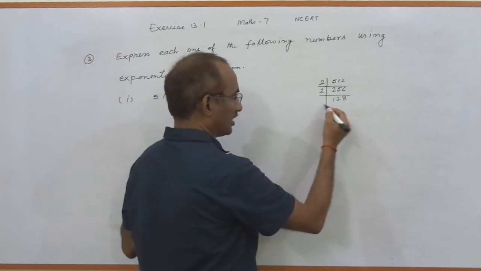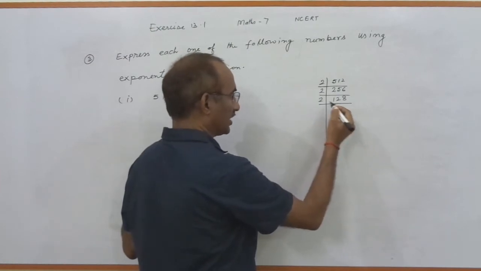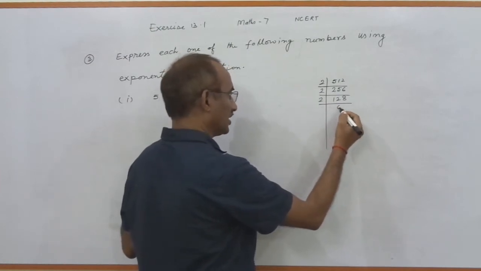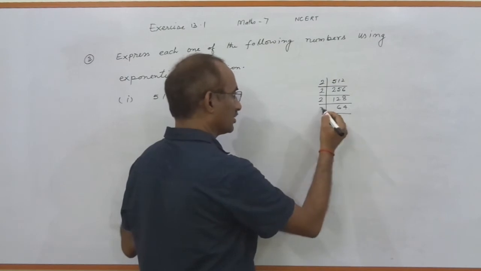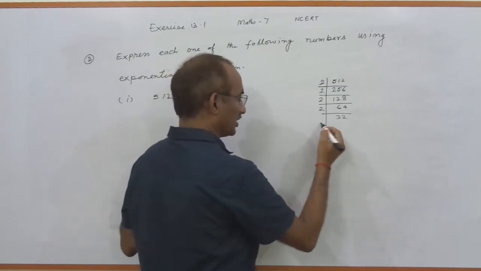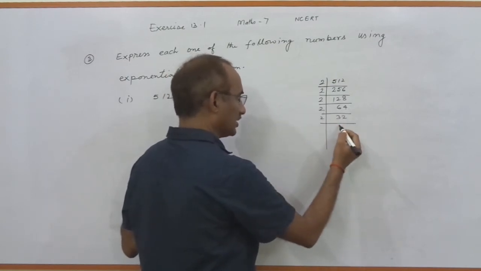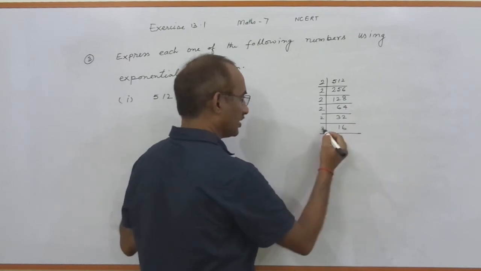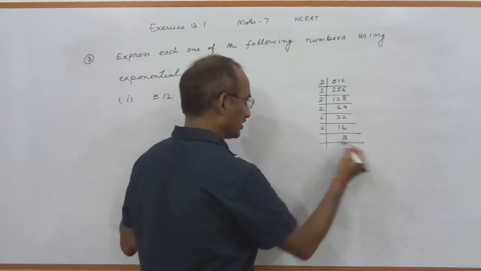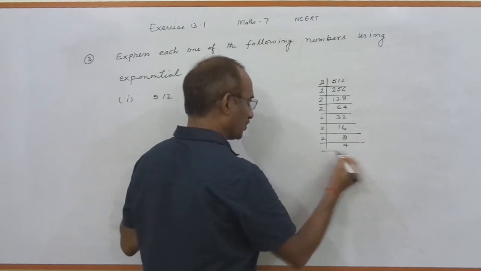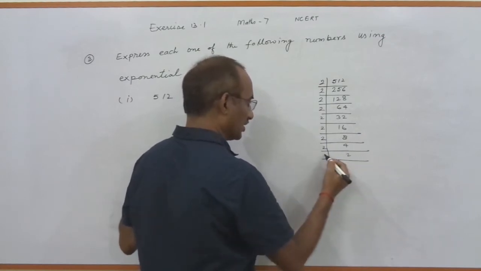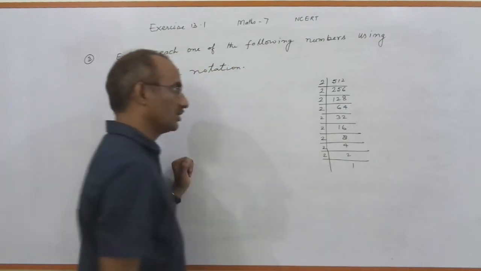On further dividing by 2 we get 256, 128, 64, 32, 16, 8, 4, and finally 2.